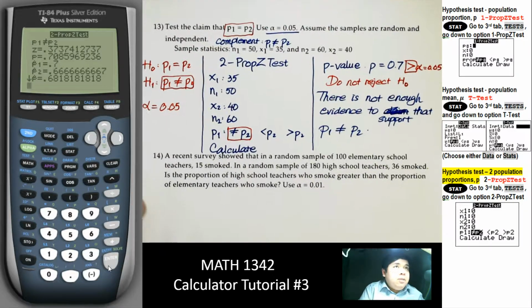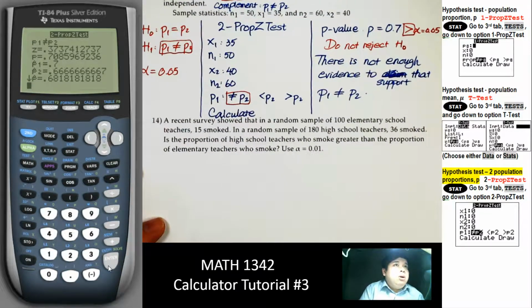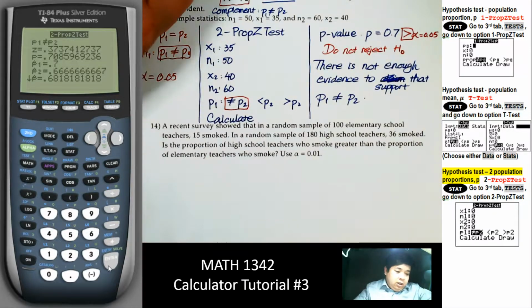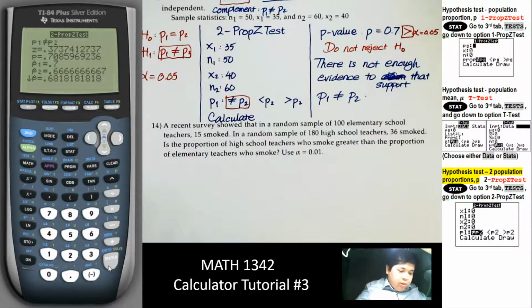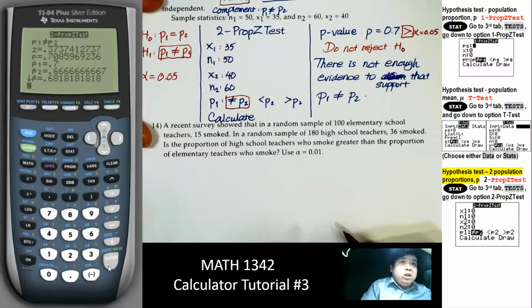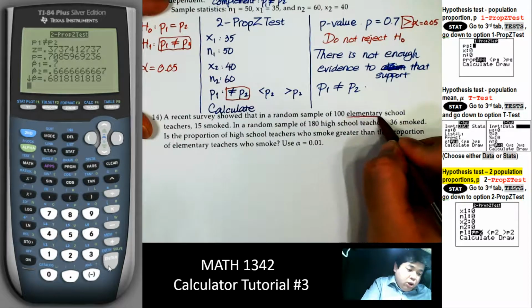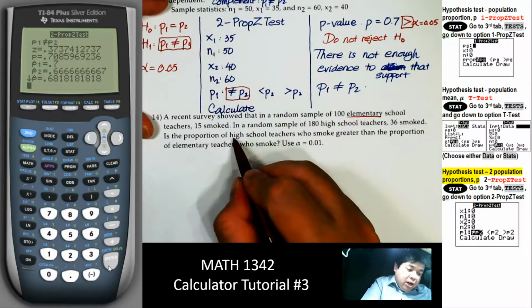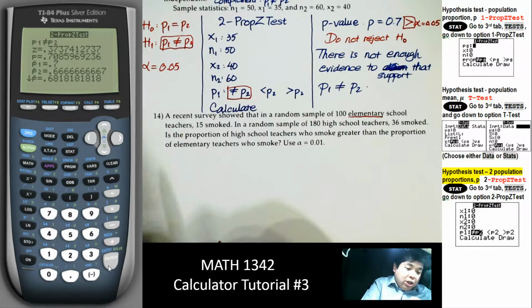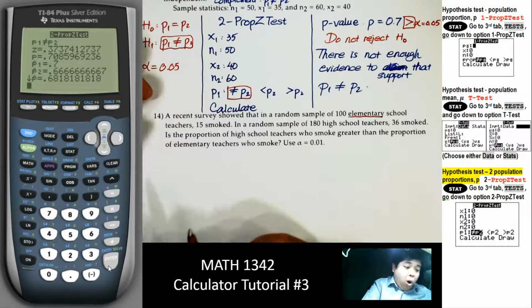Right. The next one will be similar to before, though a little bit more confusing when we set things up. So we have elementary school teachers and the high school teachers. Let's assume that everything that goes with elementary school teachers is 1.